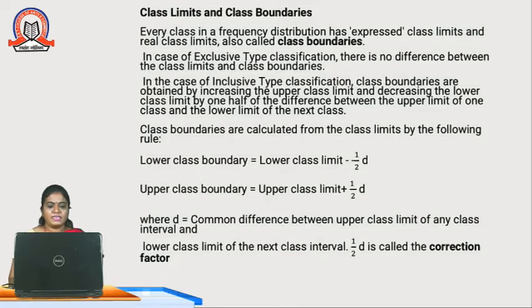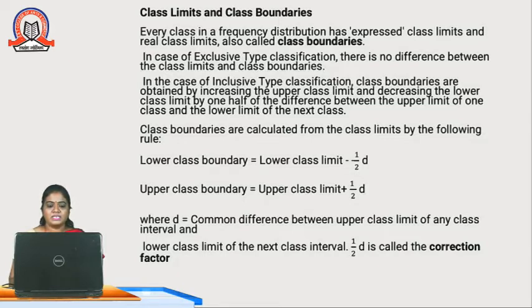In the case of inclusive type classification, class boundaries are obtained by increasing the upper class limit and decreasing the lower class limit by half of the difference between the upper limit of one class and the lower limit of the next class. Class boundaries are calculated from the class limit by the following rule.